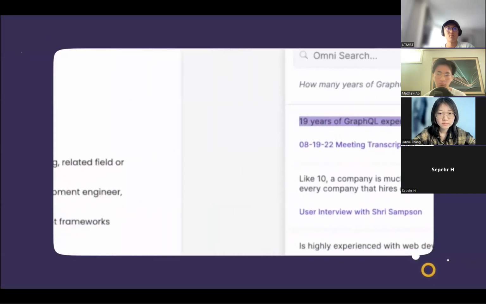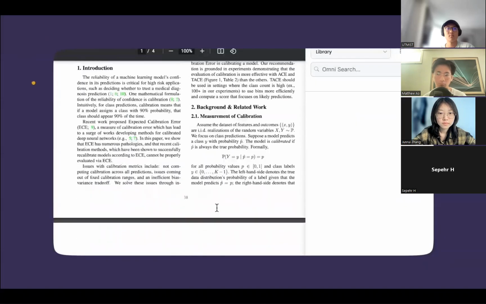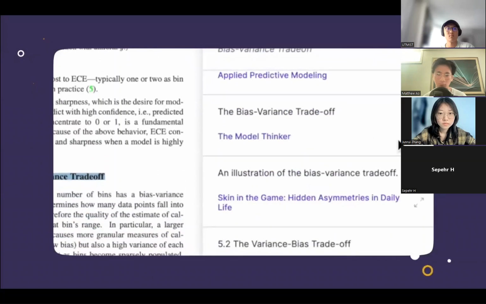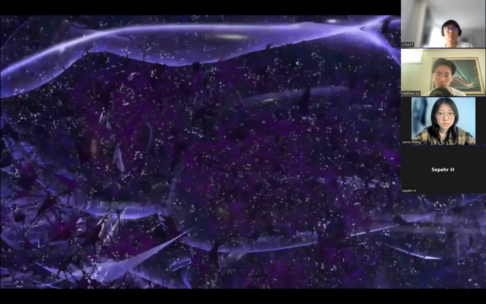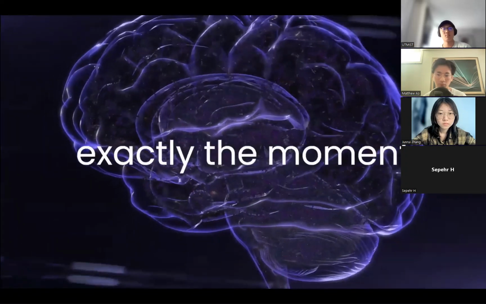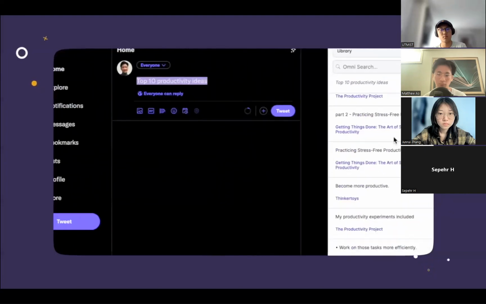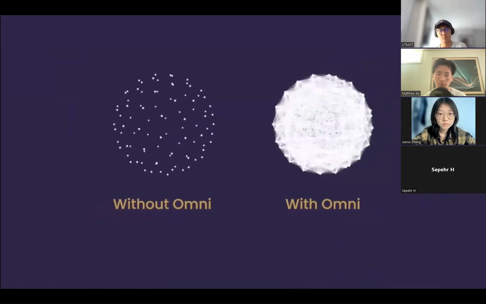Automatically pull insights from the meeting transcription without opening a single new tab or folder. Whether you're a researcher or a student, finding your sources and citations becomes as easy as selecting text. It's like having a second brain that instantly surfaces the knowledge that you forgot was even there at exactly the moment you need it. Or better yet, when you didn't even know you needed it. With Omni, you'll never have to worry about managing or trying to find your knowledge ever again.